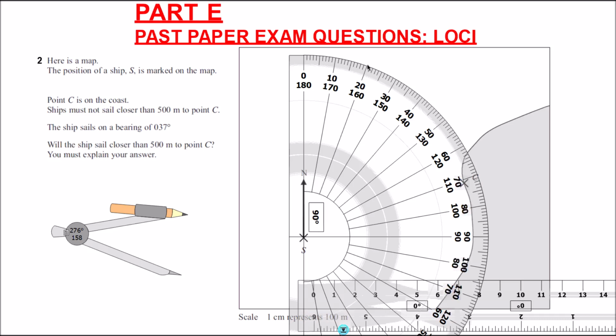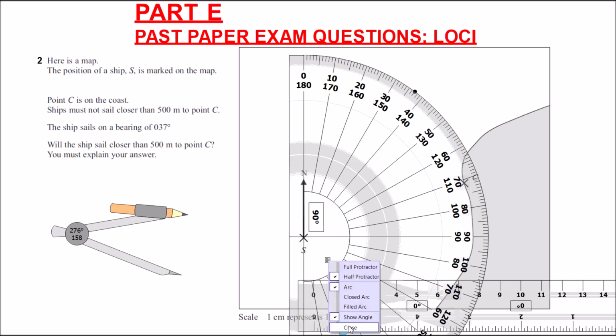So 10, 20, 30, 35, that's 36, 37's here. And so what we're going to do is just mark on 37, which should be at this point here. Oops, not that one, that was 36, 37's there.